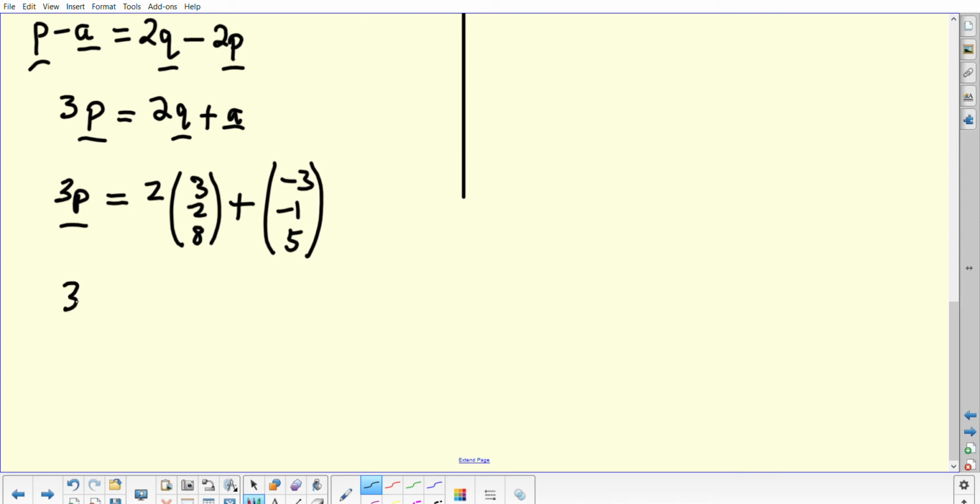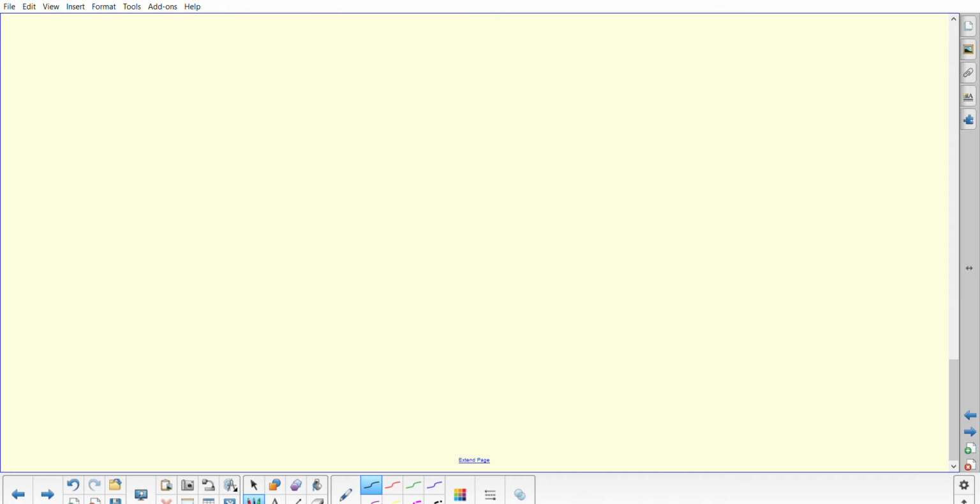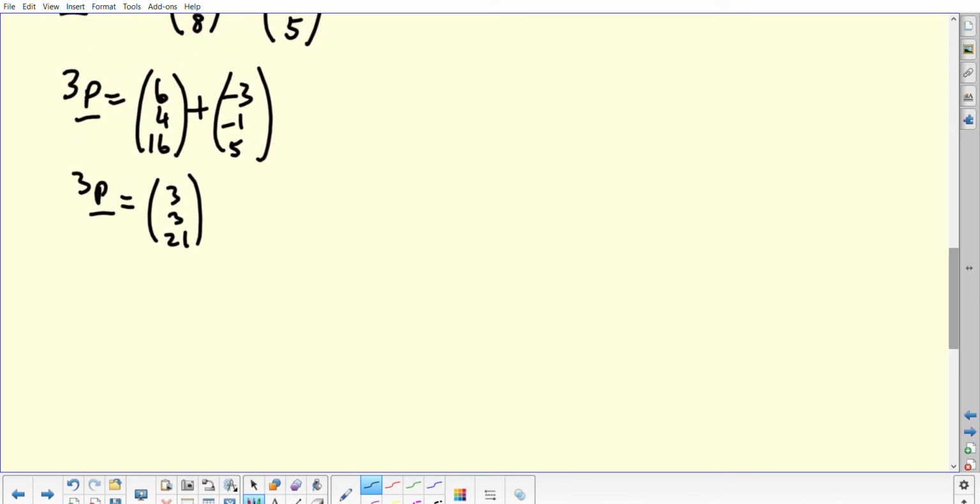I will multiply that first bracket, so I'm getting 6, 4, 16. And I've got minus 3, minus 1, 5, and I'm then going to add those 2 things together, so I get 3, 3 and 21. So from that, remember that this is what 3P is equal to, so we're then looking to divide through, or take a third of that, which means that P would be equal to 1, 1, 7.